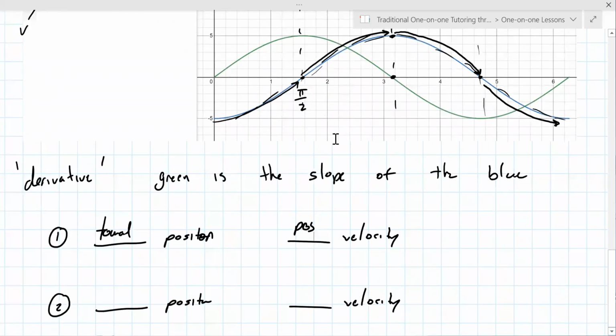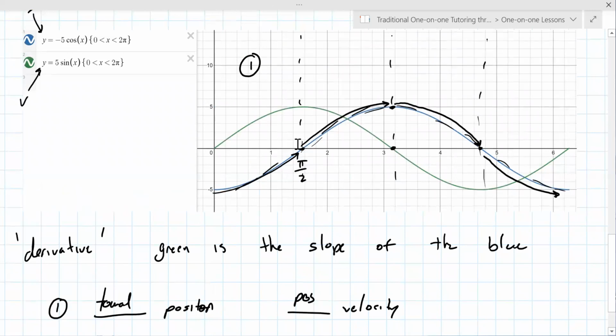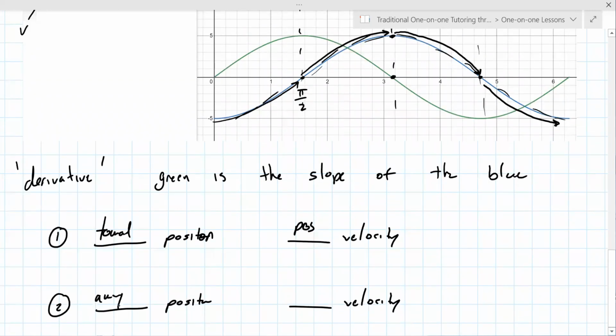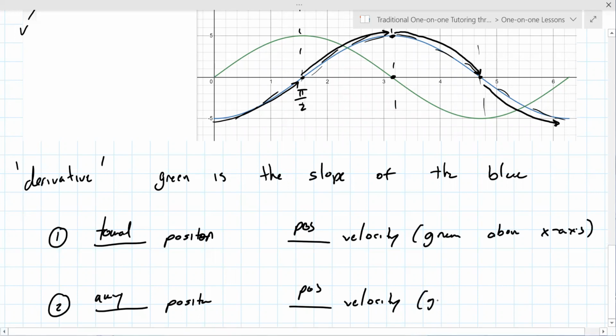In this middle window, the blue is above, and that's where it's a little bit different rules for each. The blue is above, so it's heading away, and the velocity is still positive because the green is above the x-axis.